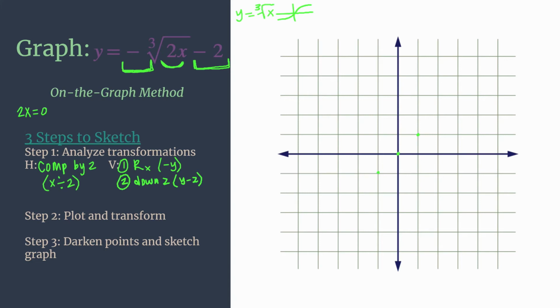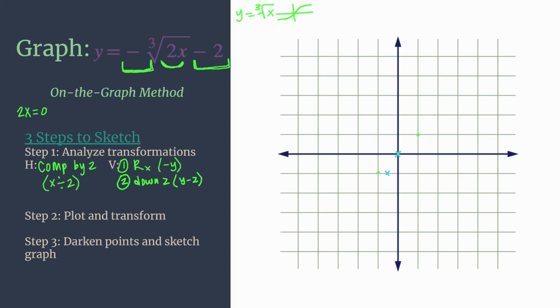Okay, so our horizontal transformation will be what we tackle first. All we need to do is divide our x's by 2, or you can think about this as a compression. So cut the distance of each point, the distance from the point to the y-axis, cut that distance in half. Okay, so starting with our leftmost point, if you cut that x in half, or that distance in half, you end up with a point at -1/2, -1.